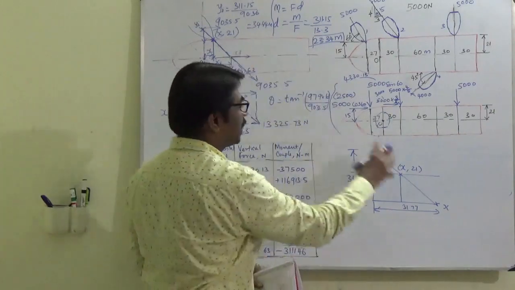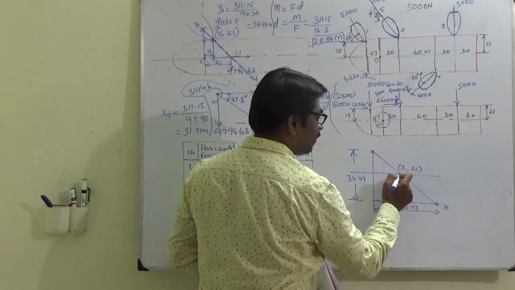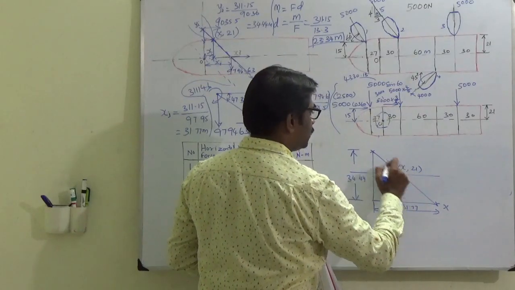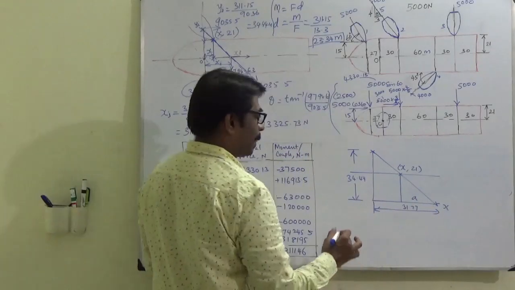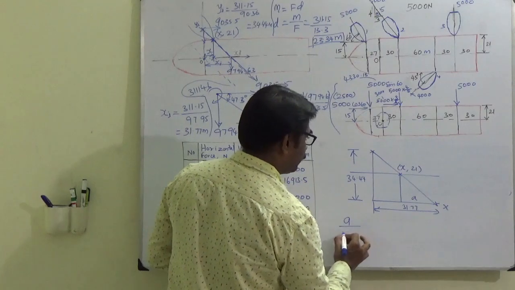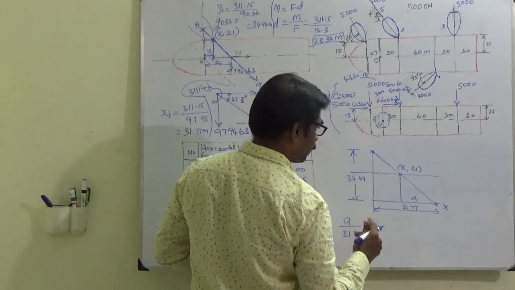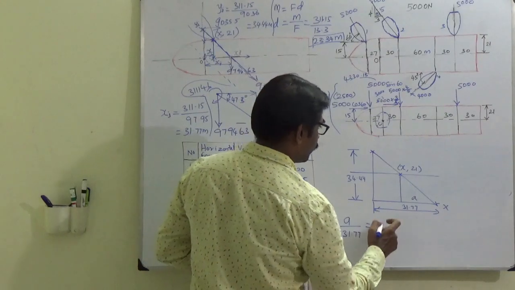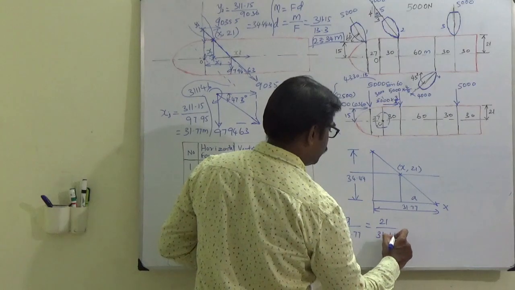Okay, I have exaggerated that so that you can understand. This is the hull. This is the hull where I am going to place my tugboat. Okay. A. So A by 31.77 equal to 21 by 34.44.